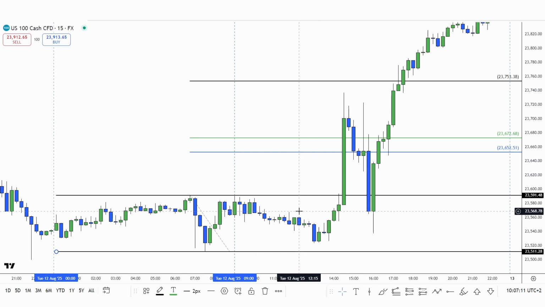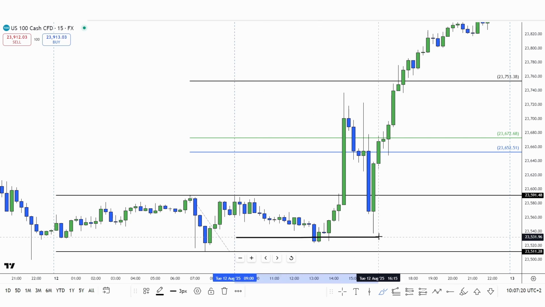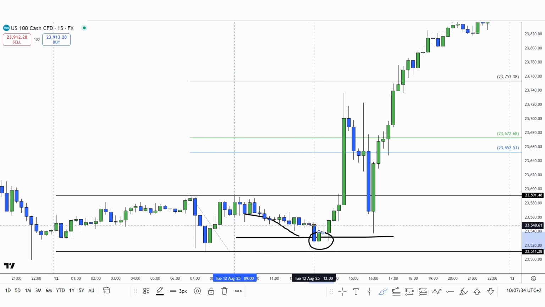So what we usually wait for when we are trading the straight away is that we mark the 75% of the R0, which is this one which I drew here. So the 75%, we see price inside the consolidation going to the 75% and rejecting here, giving us a swing low, to confirm that price wants to go higher.